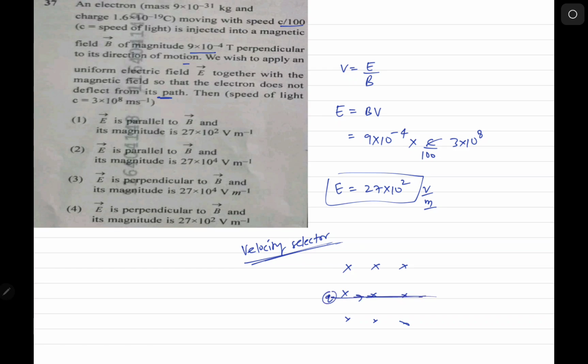So the magnetic force is in the upward direction, the electric force has to be downward, which is possible only when the electric field is downward. So you can see the direction of electric field is downward, minus j cap, and the magnetic field is into the plane, minus k cap. So both are perpendicular, so option 4 is correct. They are perpendicular, and the magnitude of electric field is 27 into 10 to the power 2 volt per meter. So hope you understood. Let's move to the next question.